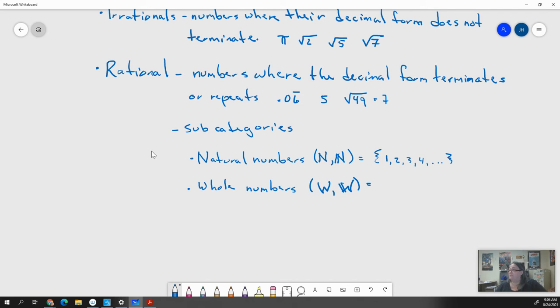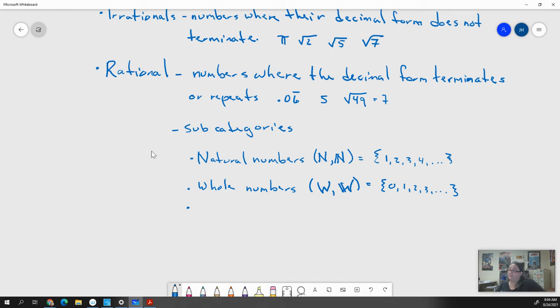For some reason, they put an extra line in. The whole numbers are the exact same thing as the natural numbers. The only difference is we start counting with 0 instead of 1. Notice we're only dealing with positive numbers when we talk about the natural numbers and the whole numbers. We're not moving into negatives.